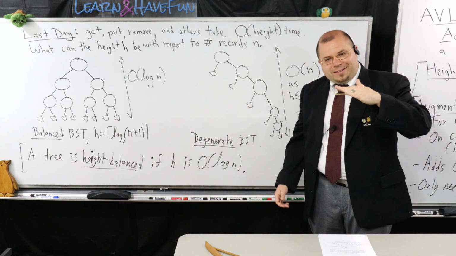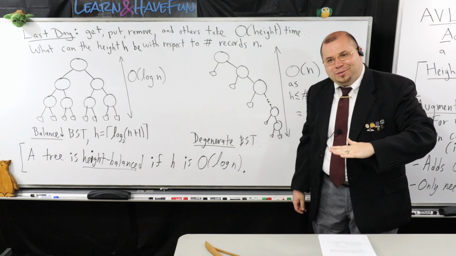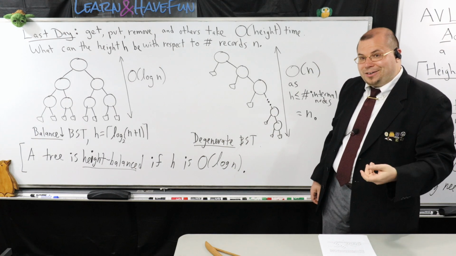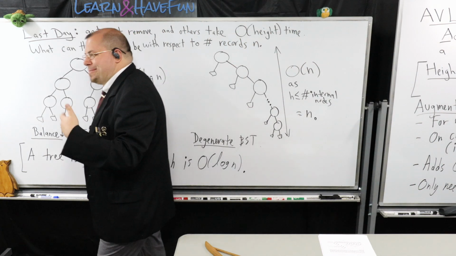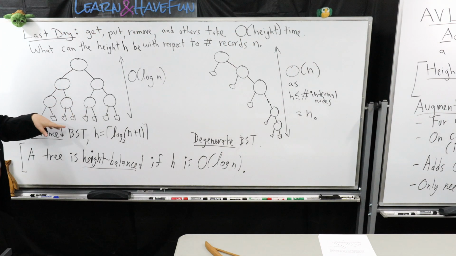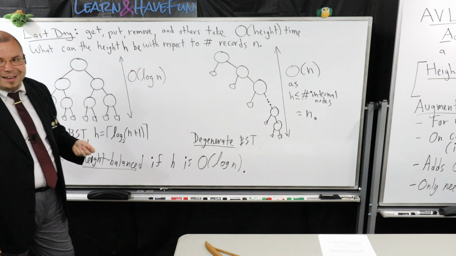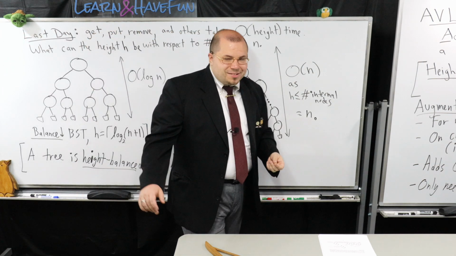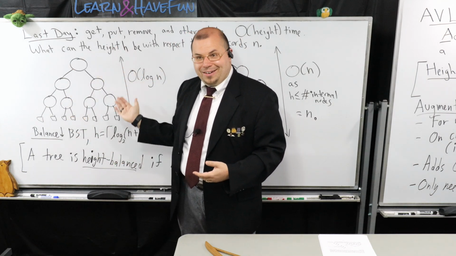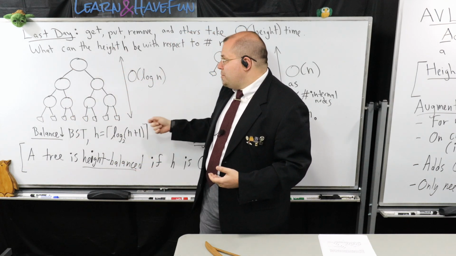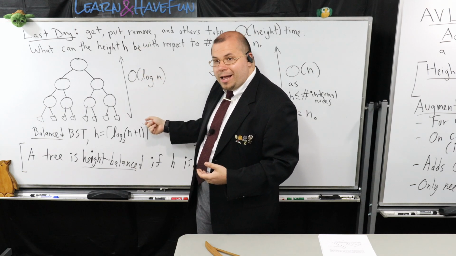Because all I'm doing is adding in an extra level at most on every one of the nodes that has a record in it, correct? So if you ever try to find out how many nodes there are, you'll find that these formulae are pretty common to modify. But this is what we would like to imagine the binary search tree to look like, right? Something like this, where its height is big O of log n.